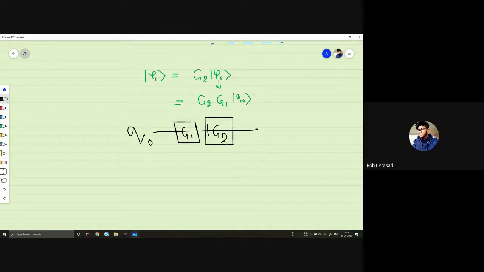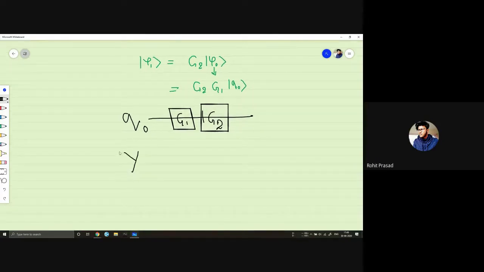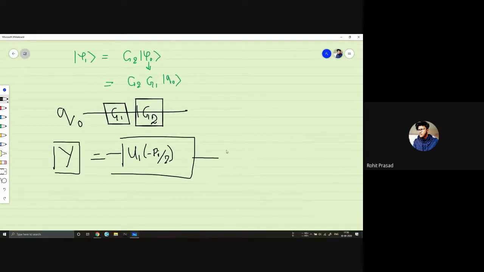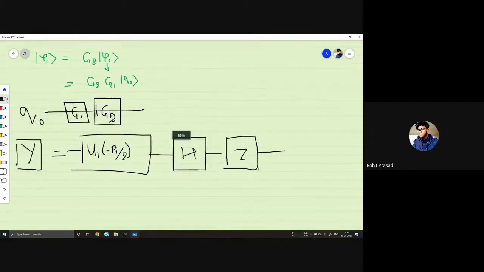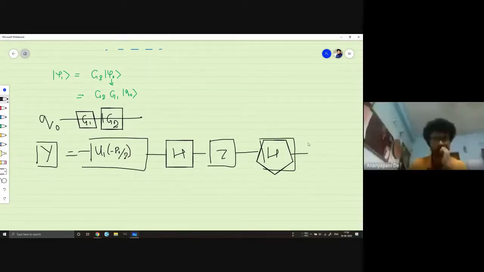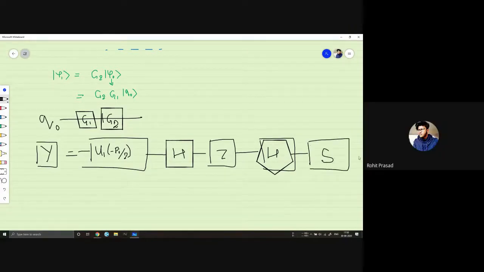If you write in gate form, I said that the Y gate can be decomposed as U1 with minus pi by 2, then on the same qubit you apply an H gate, then your Z gate, then again an H gate, and then your S gate. I gave you this in gate format.